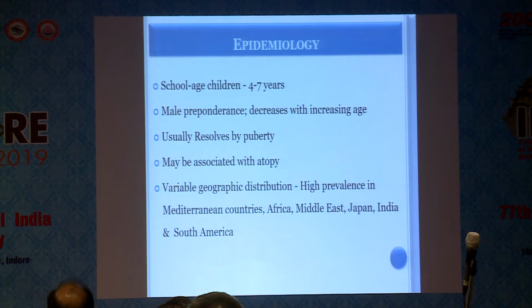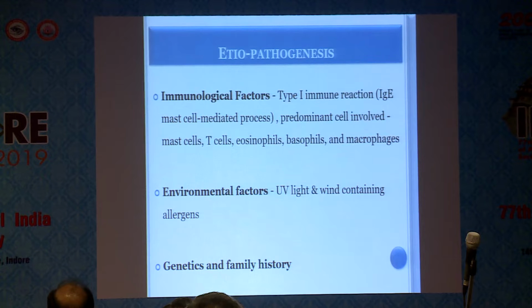In these places, we have a lot of children who develop this vernal keratoconjunctivitis. So, as I said, there is a geographic location, and environmental factors play a major role.